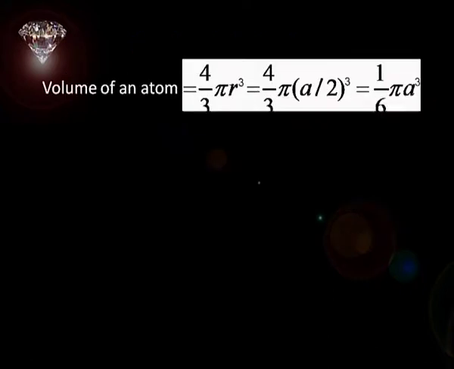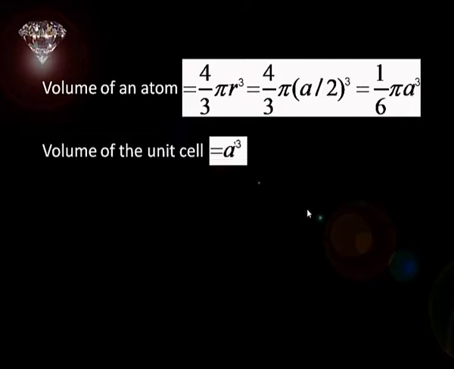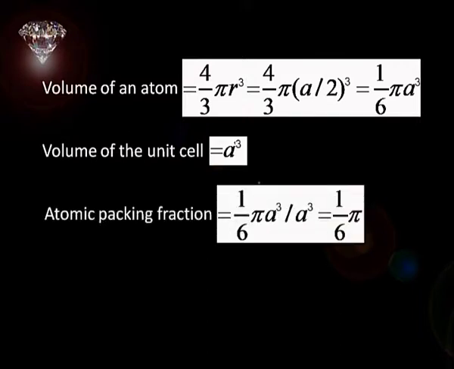Why is it important? Let us see. If you know the radius, we can find out the volume of the atom, that will be 4 by 3 pi r cube. We just substitute R by A by 2 and work it out. It comes out to be 1 by 6 pi A cube, where A is the unit cell parameter. The volume of the unit cell, for a simple cubic system with edge length A, is A cube. The atomic packing fraction is the ratio of these 2, the volume of the atom to the volume of the unit cell.